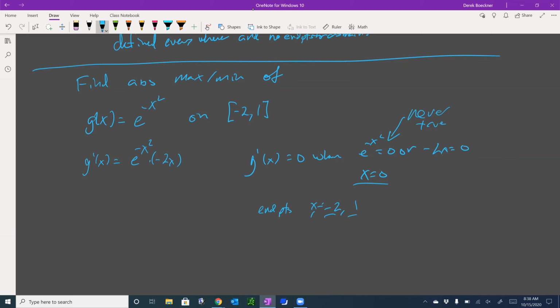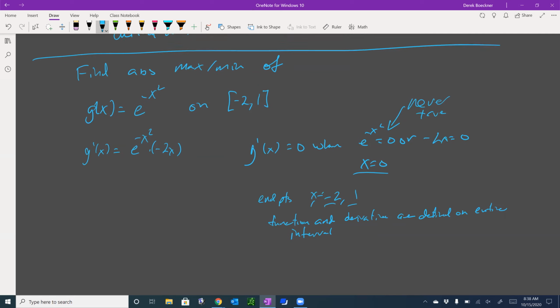No. We'll just say that the function and the derivative are defined on the entire interval.